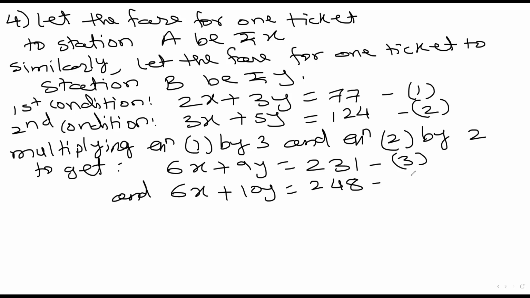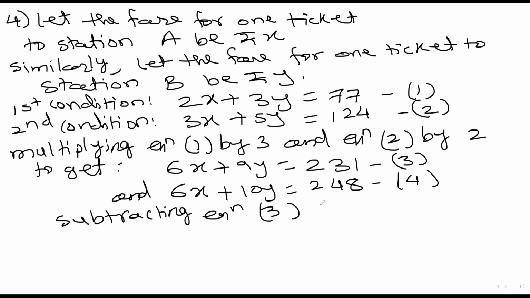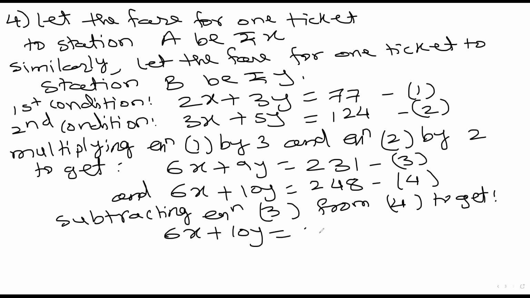Very good. Now we will say subtracting equation 3 from 4 to get y is equal to 17. So we have to write 4 first: 6x plus 10y is equal to 248.